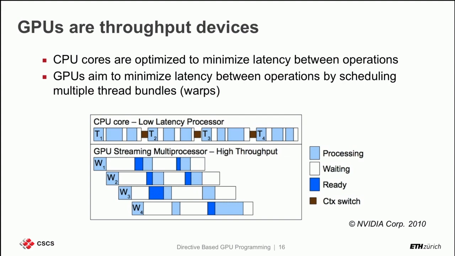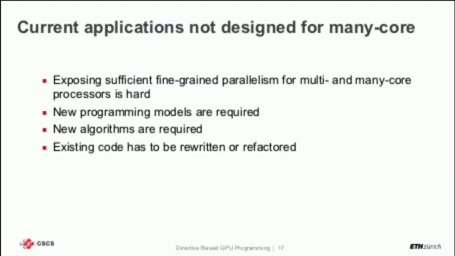So it's an extreme number. If you try to have so many threads on the CPU, you will end up spending all your time in the kernel doing context switches. On the GPU, it's extremely efficient, and we'll see how this is achieved.